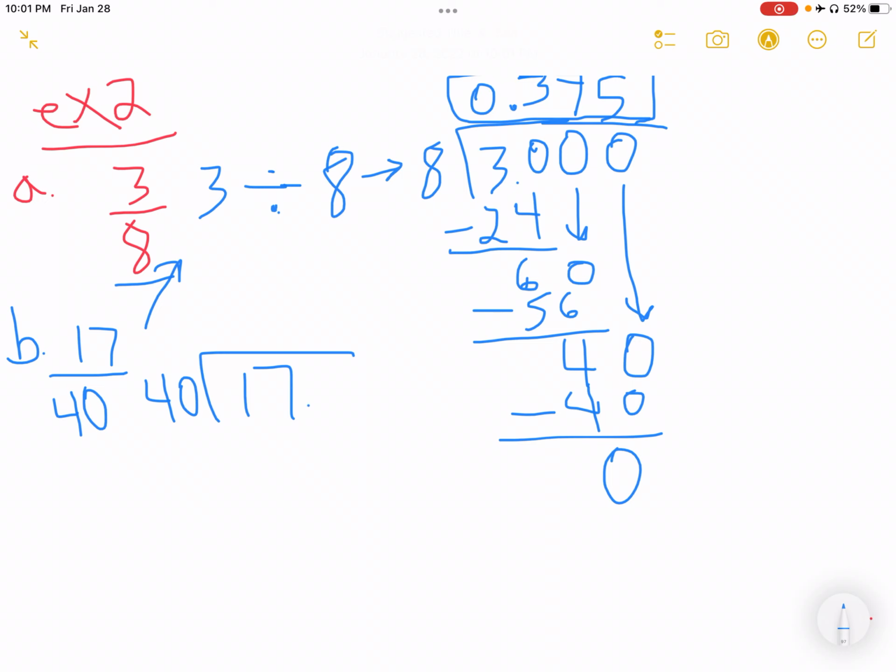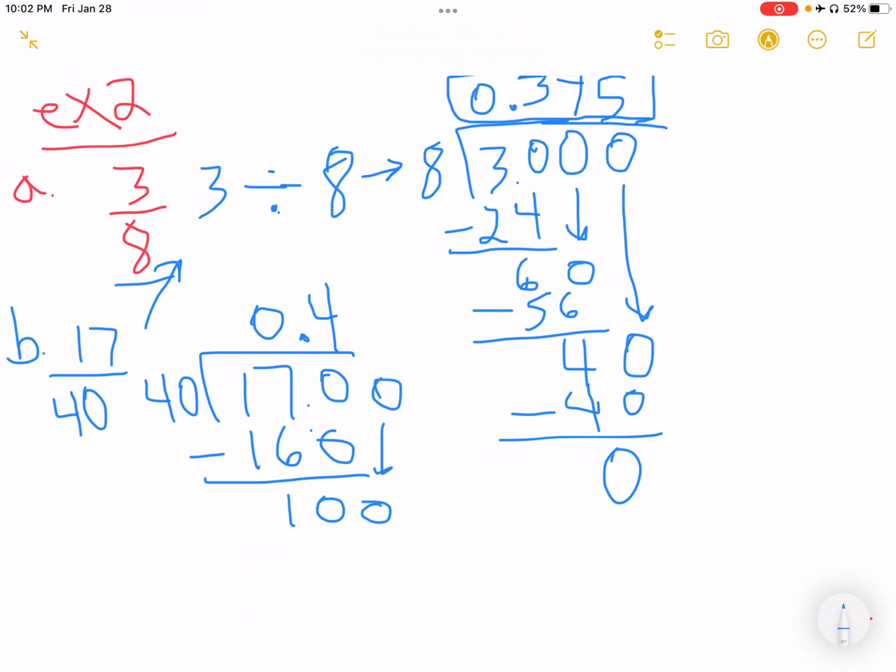So 40 doesn't go into 17 at all. We know that. Write a 0 here. Keep adding zeros here, put our decimal point right above. And then it goes in 4 times. So 4 times would be 160 here. And if we subtract, we're going to get 10. Bring another 0 down. It's going to be 2. This will be 80.